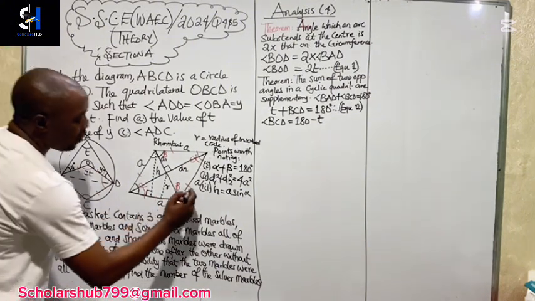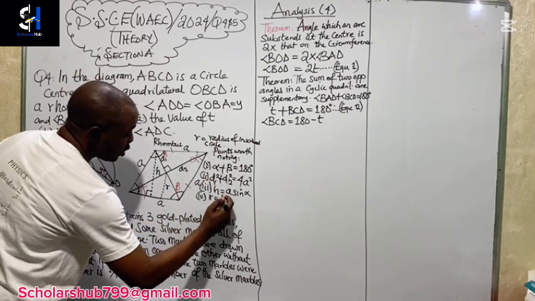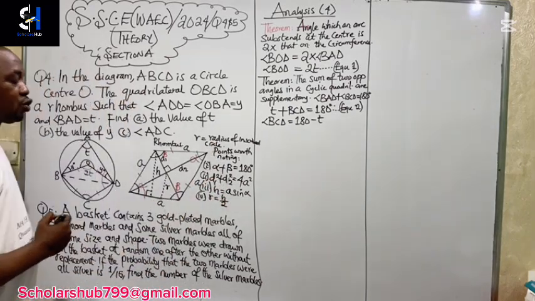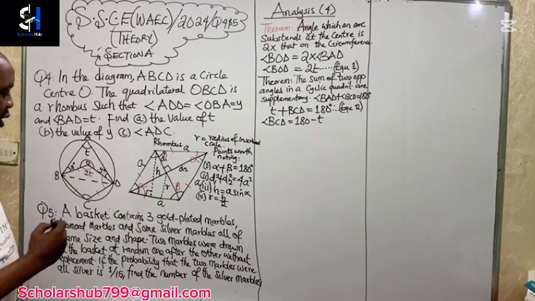Now for the inscribed circle, the radius of the inscribed circle is always half of the height of the rhombus.